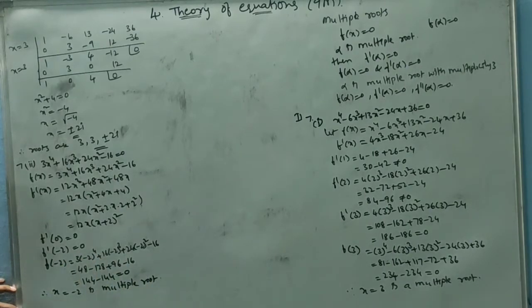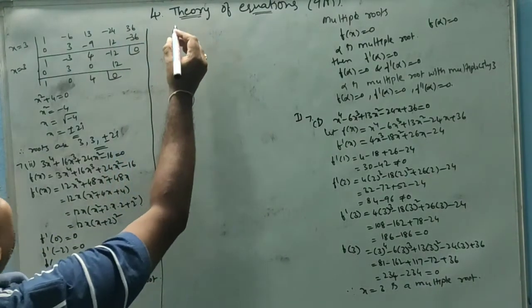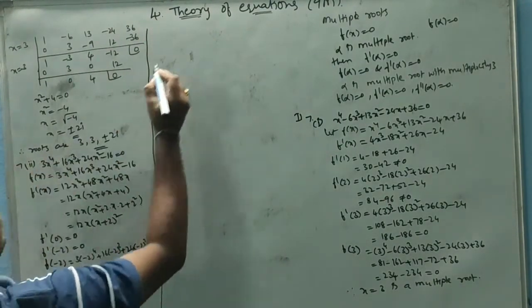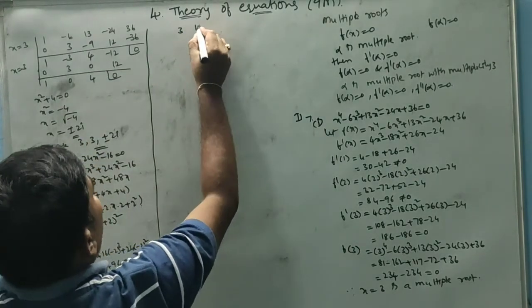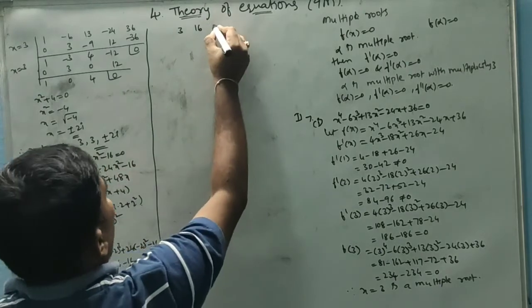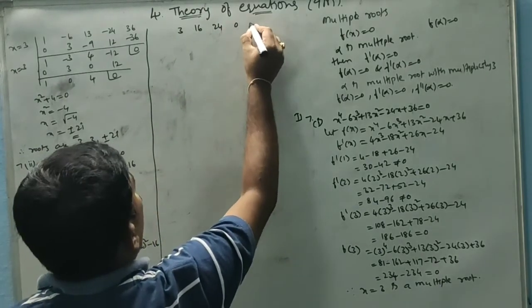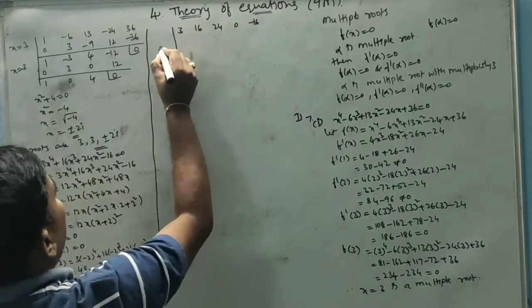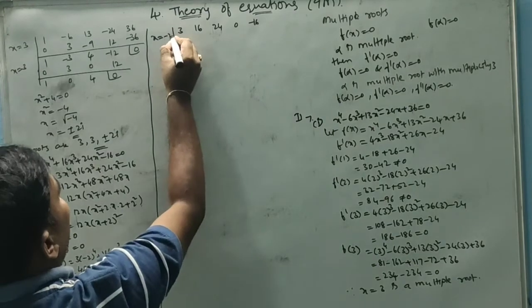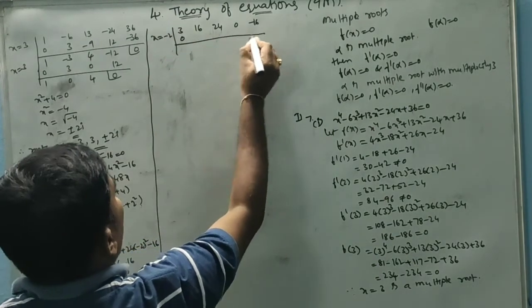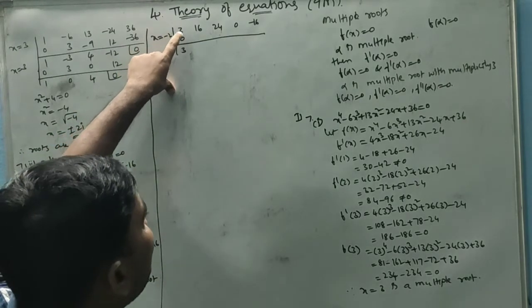So here, what I am taking: coefficients 3, 16, 24, no x coefficient so 0, minus 16. x equal to minus 2, the multiple root. 0, 3 plus 0, 3.